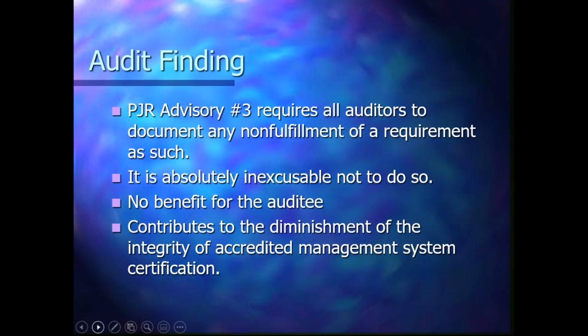If we don't write it up as a true finding, you aren't going to analyze the root cause and implement systemic corrective action. You're not going to get better. Your system isn't going to improve. Your performance in the eyes of your customer isn't going to improve. And really big picture, this contributes to the diminishment of the integrity of accredited management system certification.